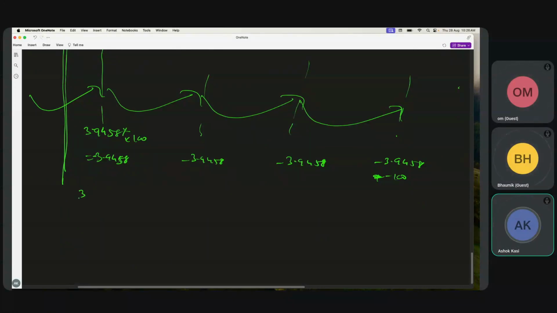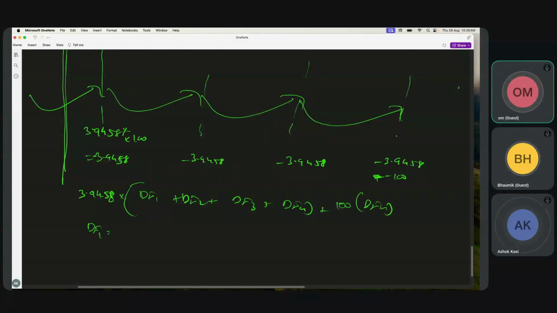Now 3.9458 into discounting factor 1 plus discounting factor 2, plus discounting factor 3, plus discounting factor 4, plus 100 into discounting factor 4. So discounting factor 1 is equal to 1 divided by 1 plus 4% raised to 0.3, since this time period is 0.3 years.